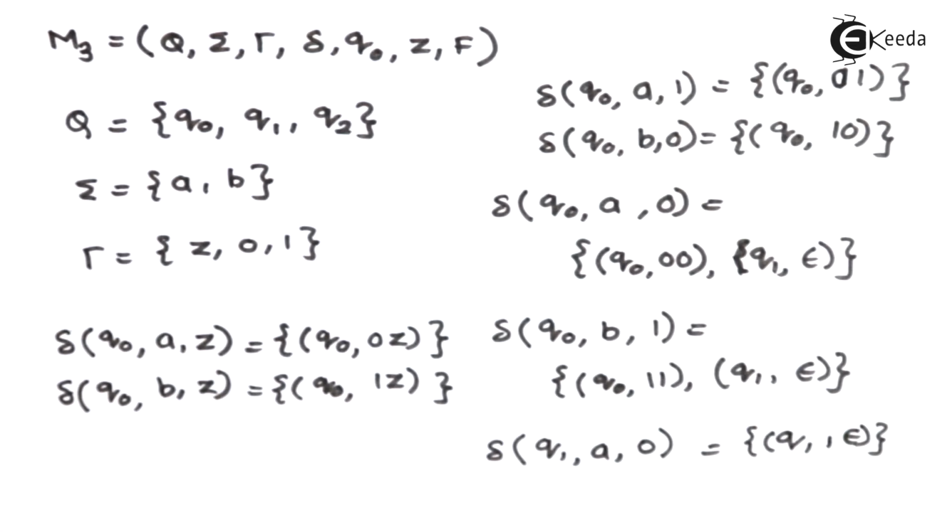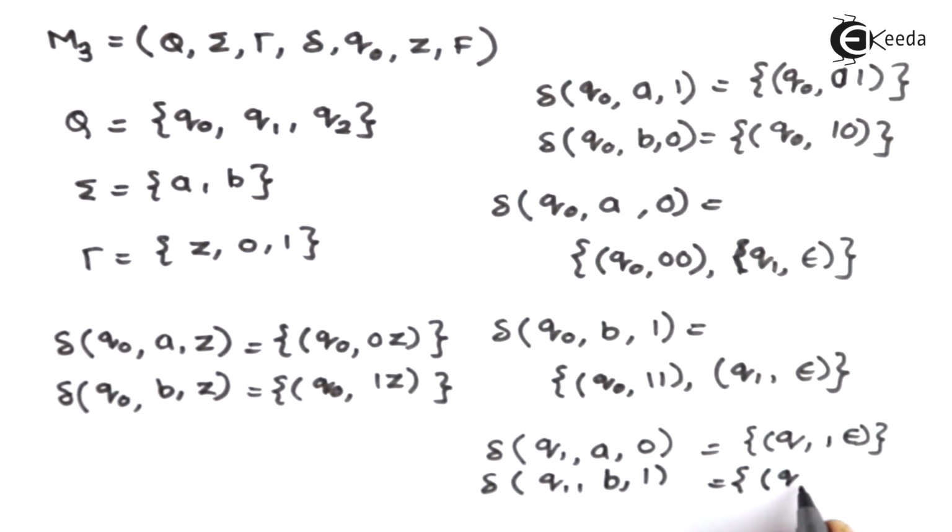Similarly, one more transition, delta of Q1 with a B and 1 on the top of the stack. We will have transition to Q1 only with just one pop off.